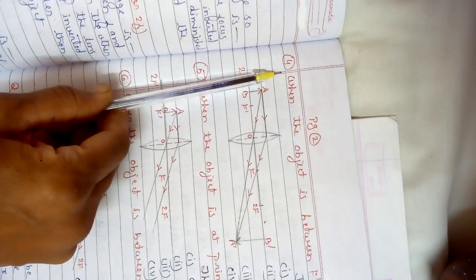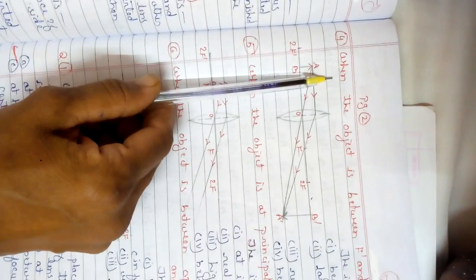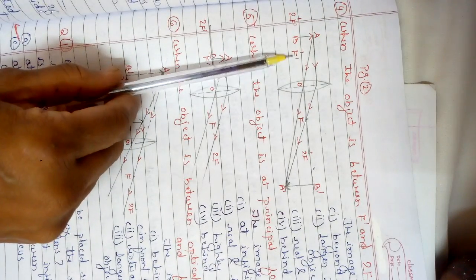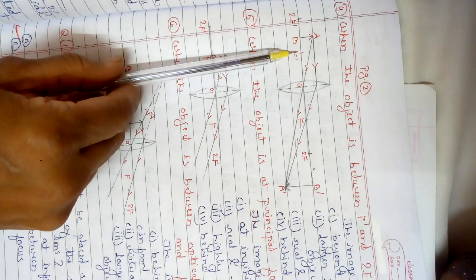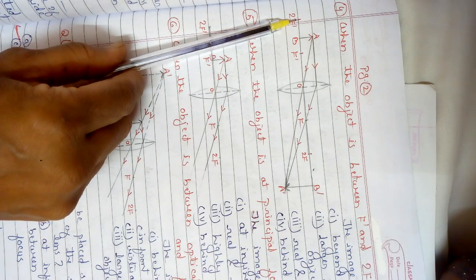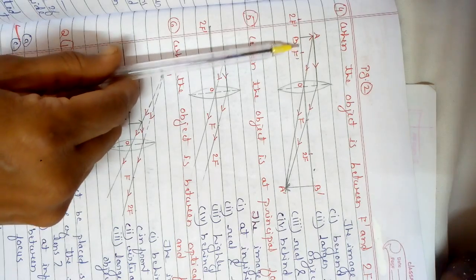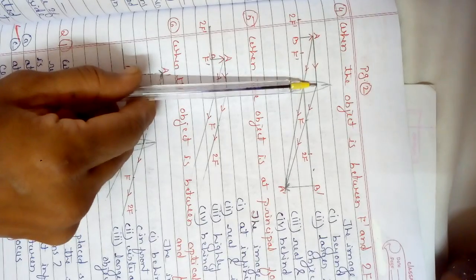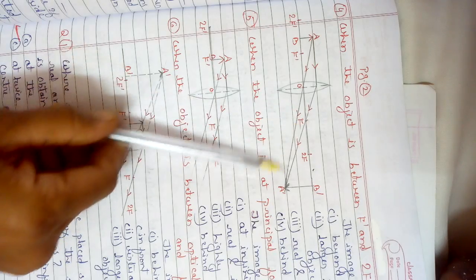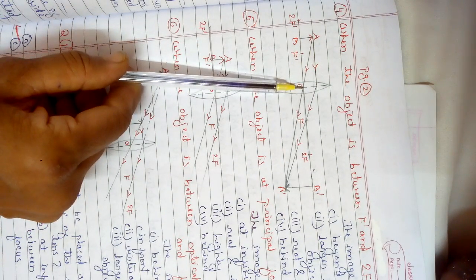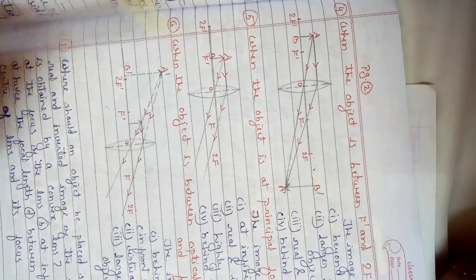The next position of the object is when the object is placed between 2f and f, that means between the focus and the distance which is double the focal length. Again, we consider two rays: the ray parallel to the principal axis will pass through the principal focus of the convex lens, and the ray passing through the optical center will be undeviated after refraction.